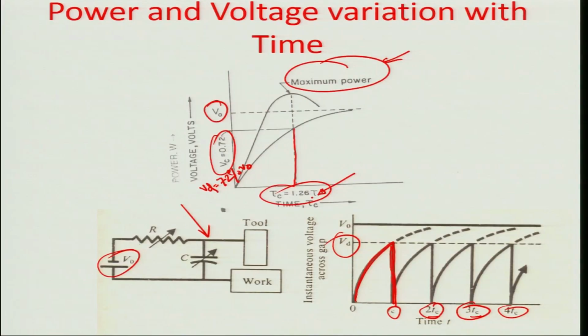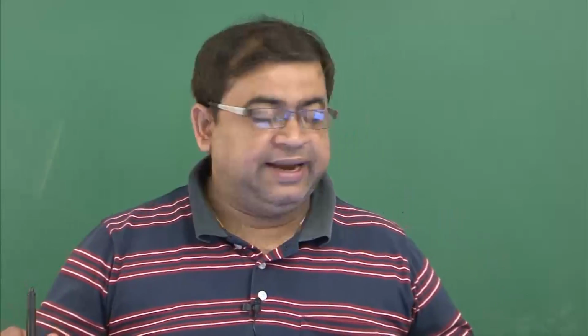So we will now look into a slightly different aspect and study the behavior more from the standpoint of the discharging side, and then maybe do some numerical examples where we can see if all these concepts together can be used for looking at material removal rate.